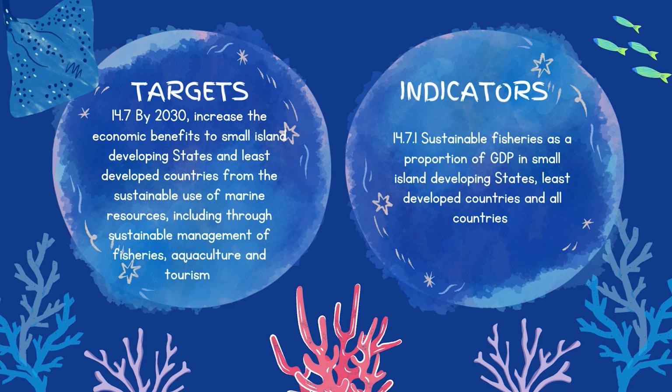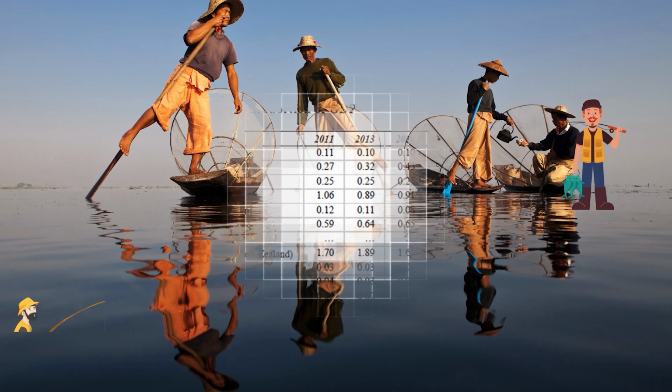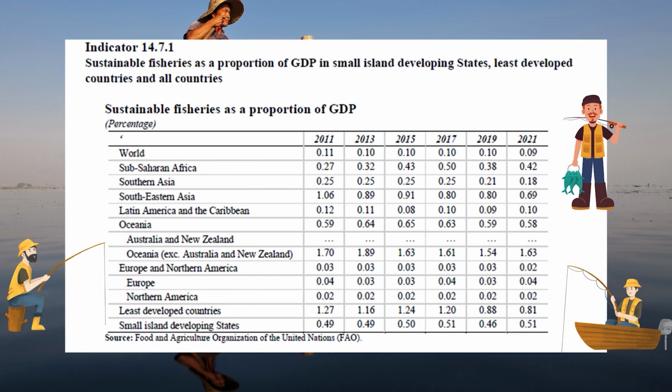The indicator is sustainable fisheries as a proportion of GDP in small island developing states, least developed countries, and all countries. Here, in 2011 we have 0.11 sustainable fisheries proportion to GDP, then 0.10, now 0.09.